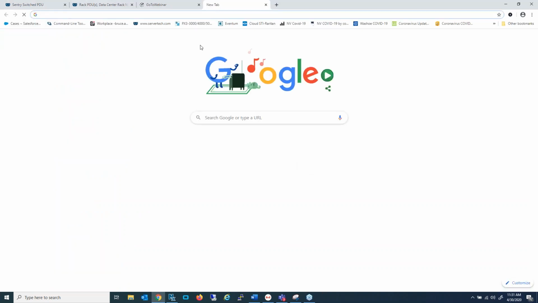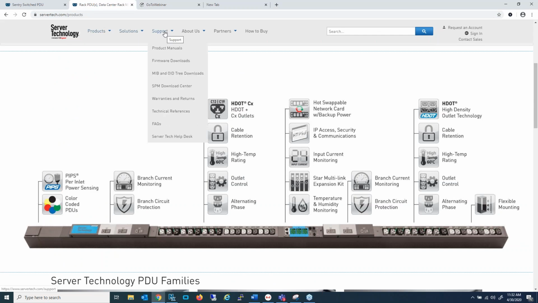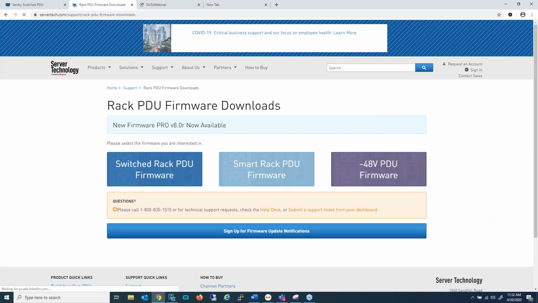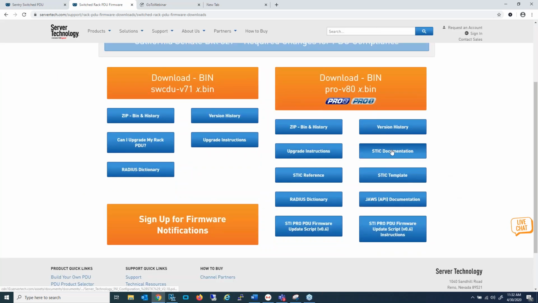A great document to look at would be to go to the ServerTech website, hover over the word support, go to firmware downloads, click on it, really doesn't matter, switched or smart, it's the same with Pro. And this item over here on the right, STIC documentation.